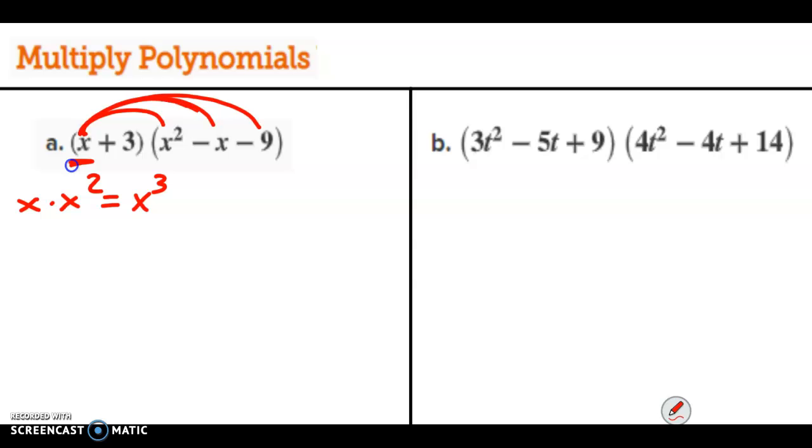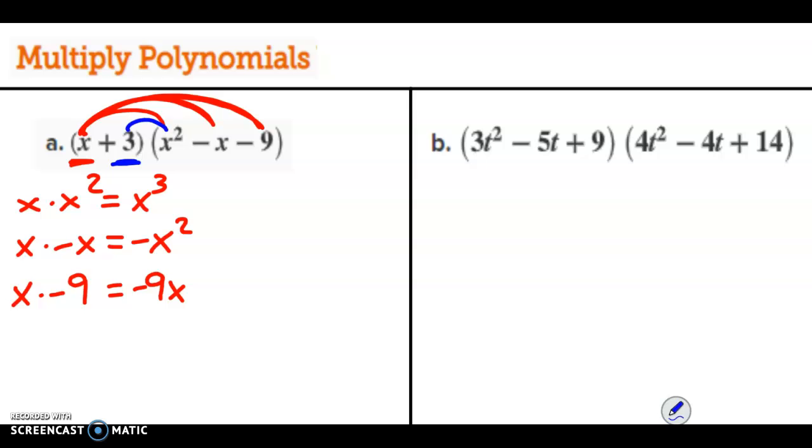I've got x times a negative x, which is just going to be a negative x squared. It's like having a negative 1 in front there. And then x times a negative 9, which is just going to be negative 9x. Then I'm going to take that second term, that 3, and make sure that distributes to everything in the back.